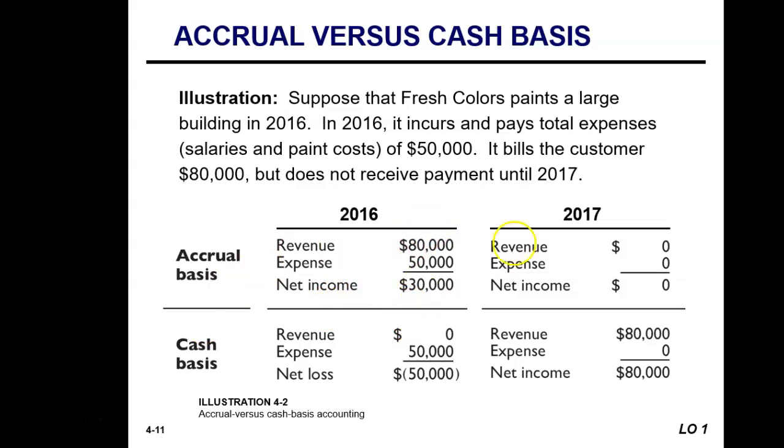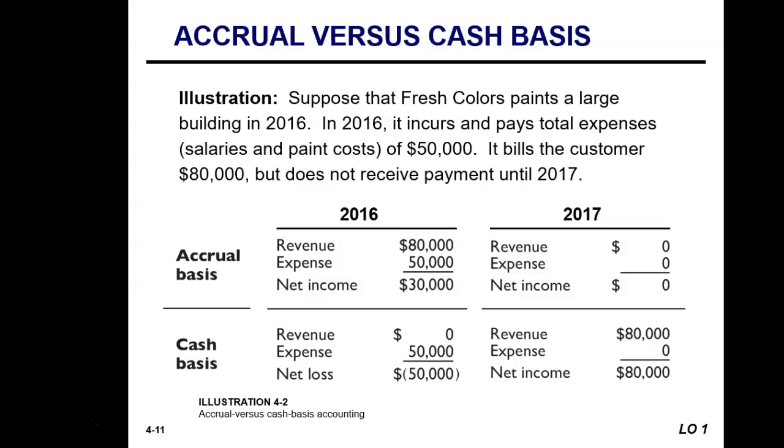Now on the accrual basis in 2017, there's no impact because it was all recognized in 2016, but under the cash basis, you would show net income of $80,000 when the actual cash was received. Now notice that if you net these two years together for the accrual basis and the cash basis over a two-year period, they'll both show a net income of $30,000, but the accrual method is more accurate because it records the transactions in the accounting period in which they actually took place.